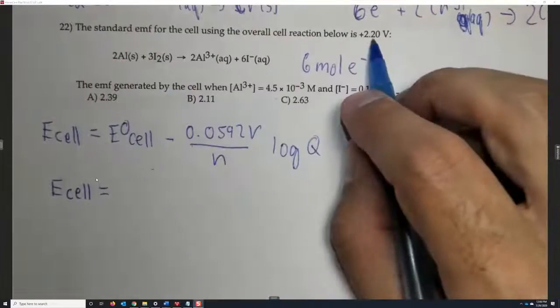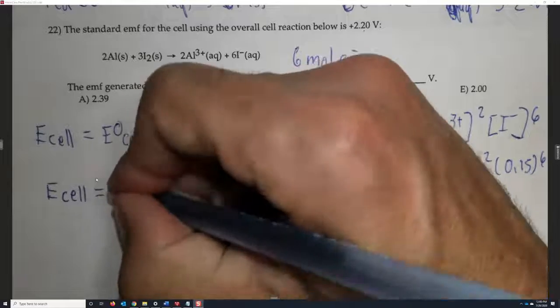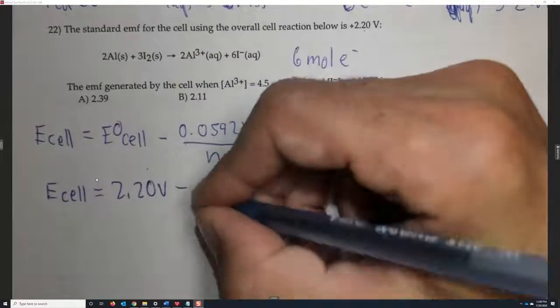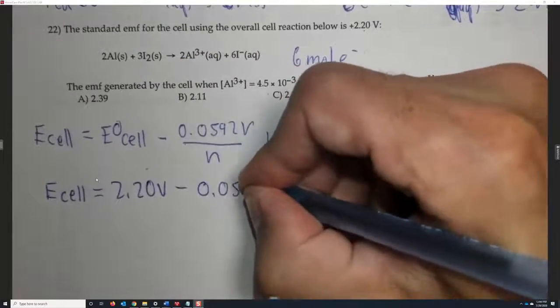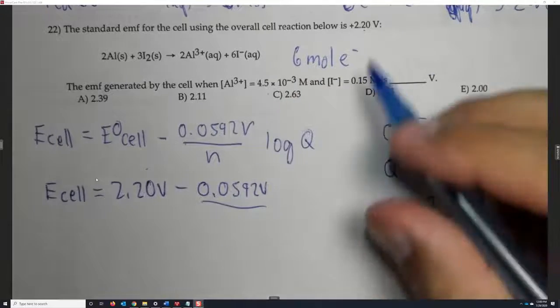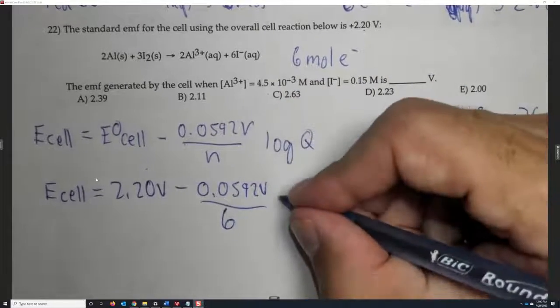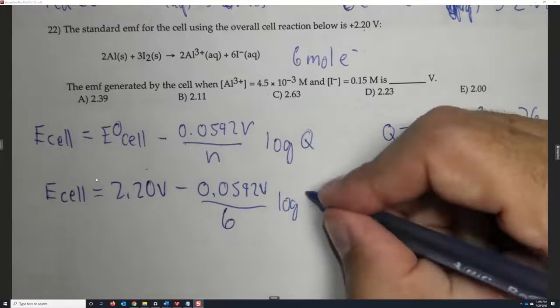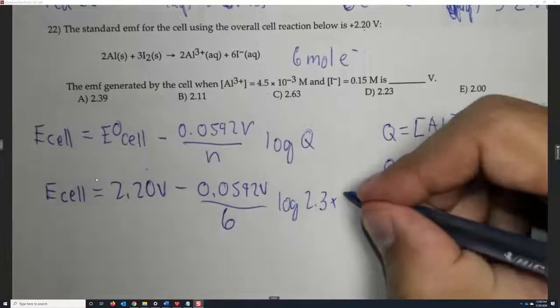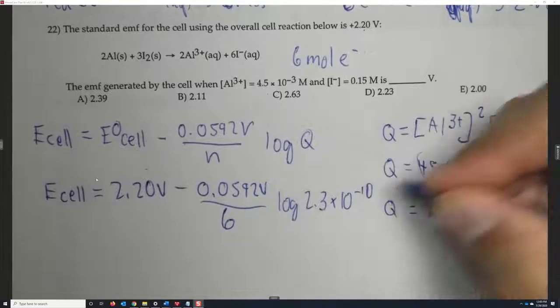E cell equals E naught cell, which is given in the problem, 2.20 volts minus 0.0592 volts over the 6 moles of electrons times the log of 2.3 times 10 to the minus 10.